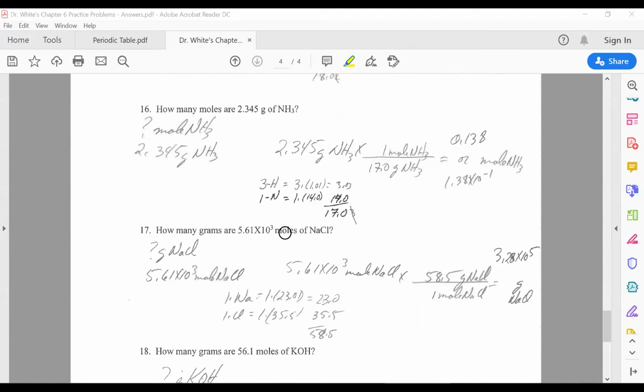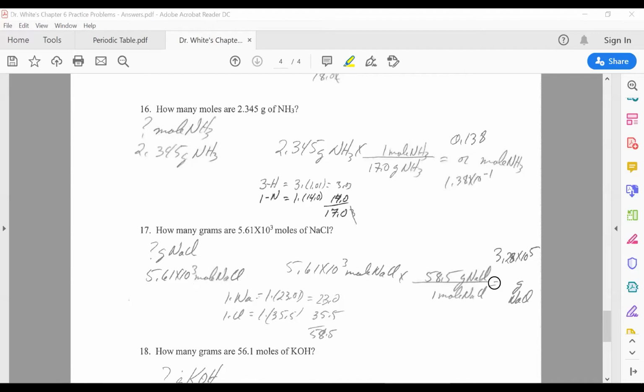What are you being asked to find? How many grams of sodium chloride? What are you given? How many moles of sodium chloride? This is where you start because this is all you got. What units are you trying to get your answer in goes after the equal sign. I think you all know what equal is.